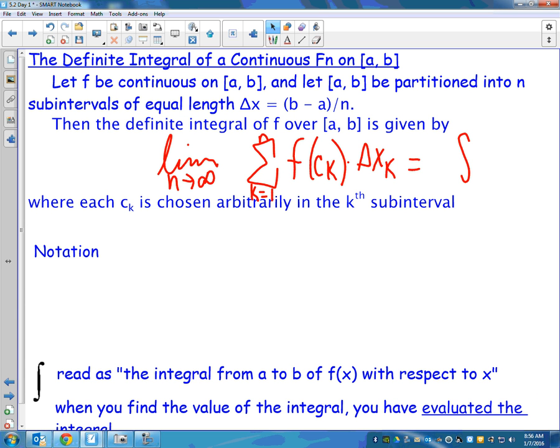And so instead of having to worry about from A to B in terms of typing in the interval, in a definite integral you put A at the bottom and B at the top. And then when you have a function, instead of having to say how many rectangles we have, if we talk about the number of rectangles going to infinity, we can say that this is the same as just f of x.